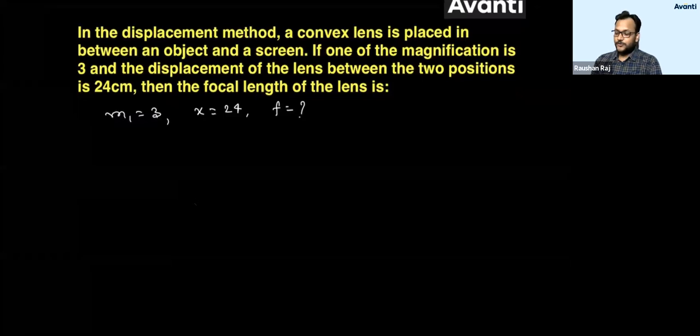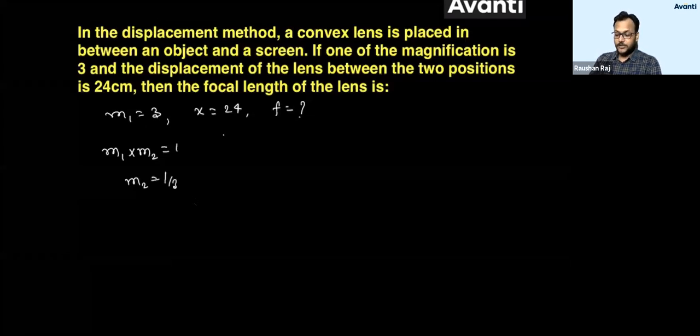So M1 is given to you, M2 is not given to you. Why do you need M2? Because we have a relation between X, F and M1 and M2. So to get the value of F, I need to know the value of M2. We have a relation that M1 into M2 is equal to 1. So I will get M2 is equal to 1 by 3.